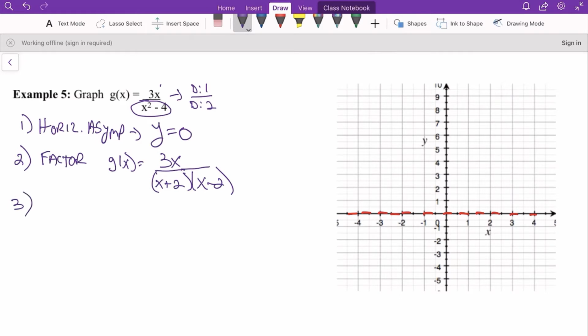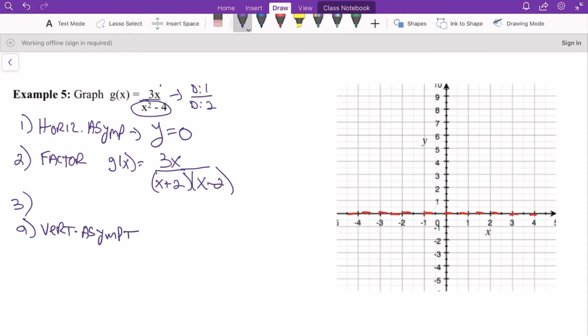That'll give us our factors, and then we're going to go into step 3. If you remember from the last video, step 3 was the real heavy lifting step. That's where we found the vertical asymptotes, the holes, and the x and y-intercepts. So I break it down into little pieces. Part A is where I look for the vertical asymptote.